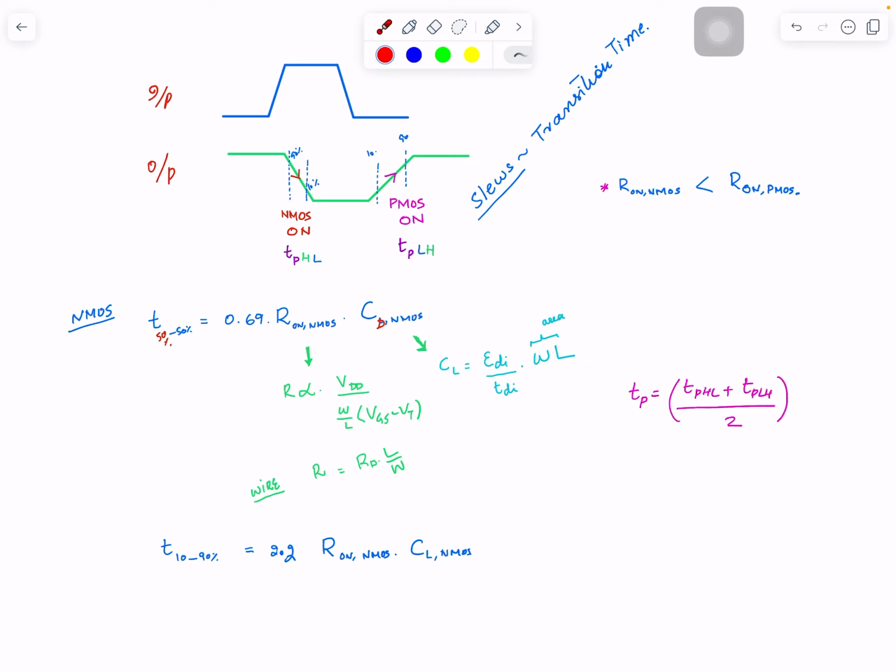Before I go into this, remember one thing: the on resistance of NMOS is much lower than the on resistance of PMOS. PMOS offers more resistance to the flow of current compared to NMOS. In PMOS, the carriers in the channel are holes.